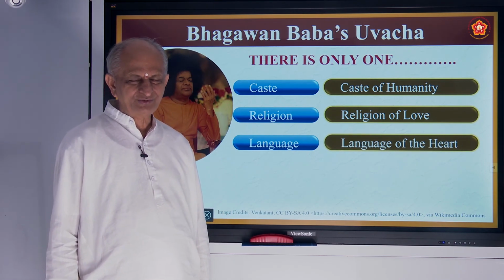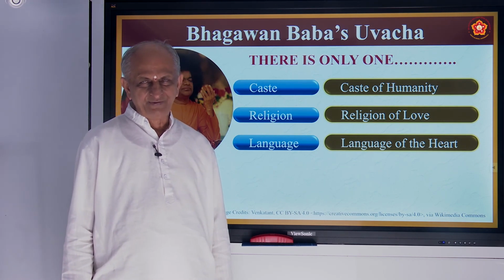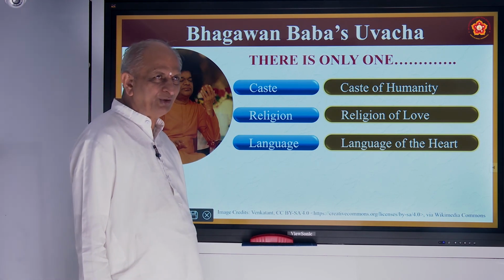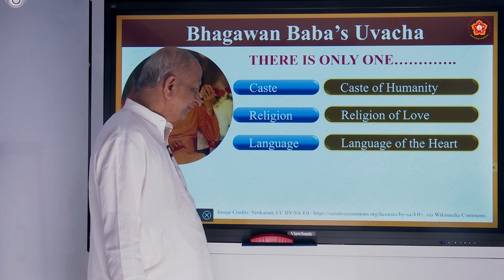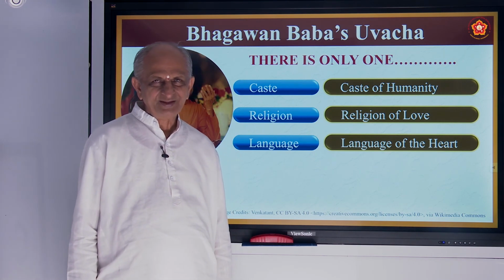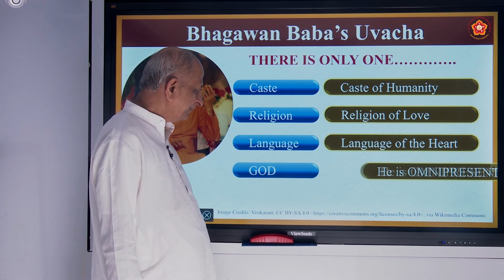Only one language, the language of the heart. Suppose you go to Orissa, they speak the Oriya language. If you go to West Bengal, they speak Bengali. If you go to Tamil Nadu, they speak Tamil. But wherever you go, if you use the language of the heart, they can understand. Okay, only one God, He is omnipresent.